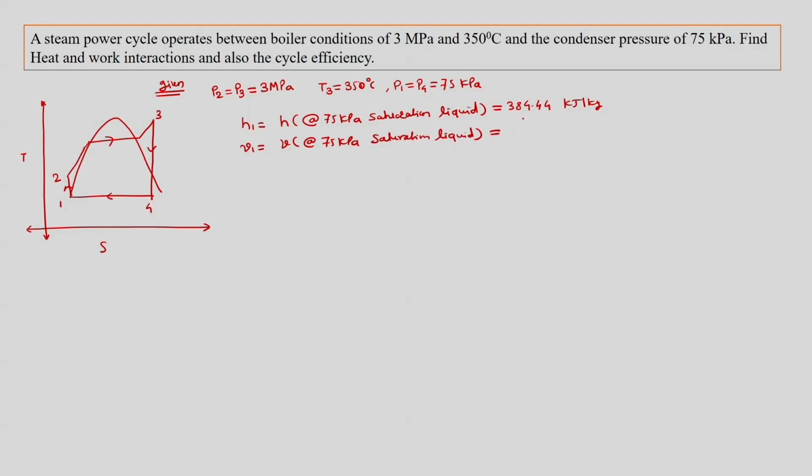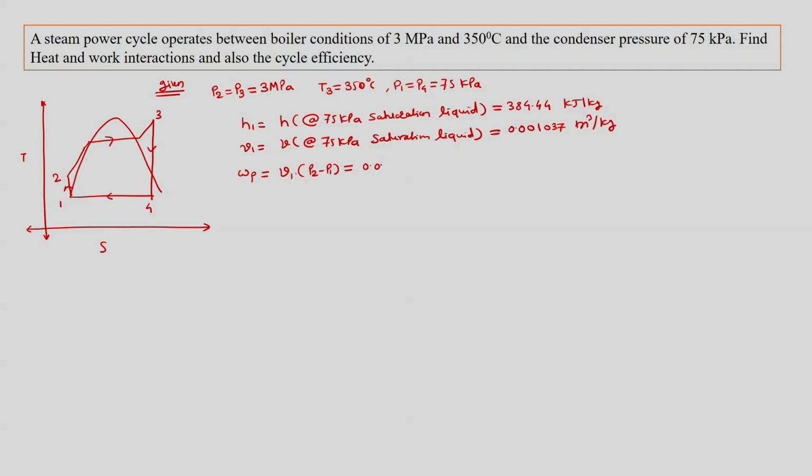and this will be 0.001037 meter cube per kg. Then we can first find out the pump work, and pump work is nu1 into P2 minus P1.